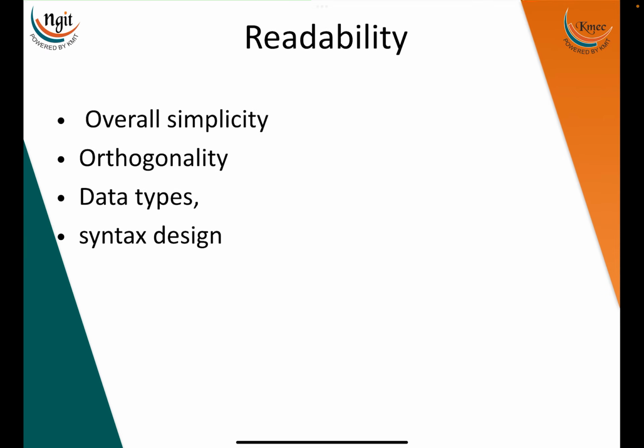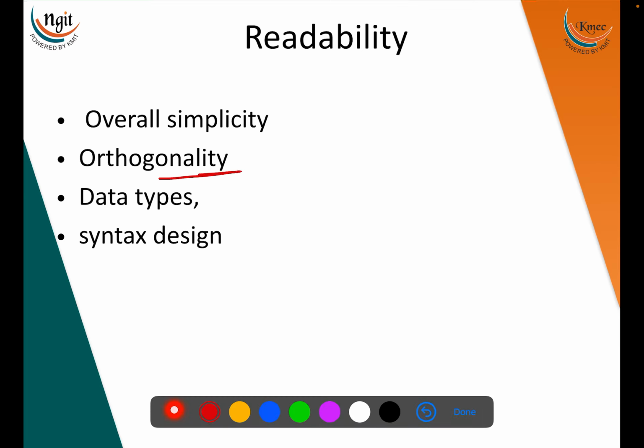The meaning of an orthogonal language feature is independent of the context of its appearance in a program. The word orthogonal comes from the mathematical concept of orthogonal vectors, which are independent of each other.